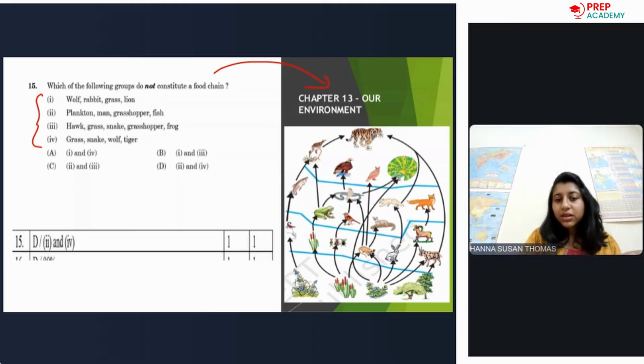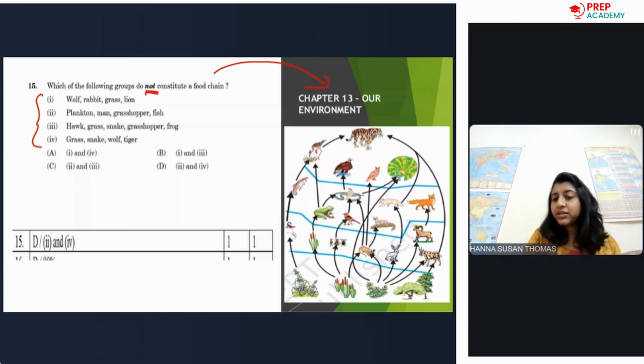So the first set of options: wolf, rabbit, grass, lion. You have to focus on one thing. You have to look into the following groups that do not constitute a food chain.